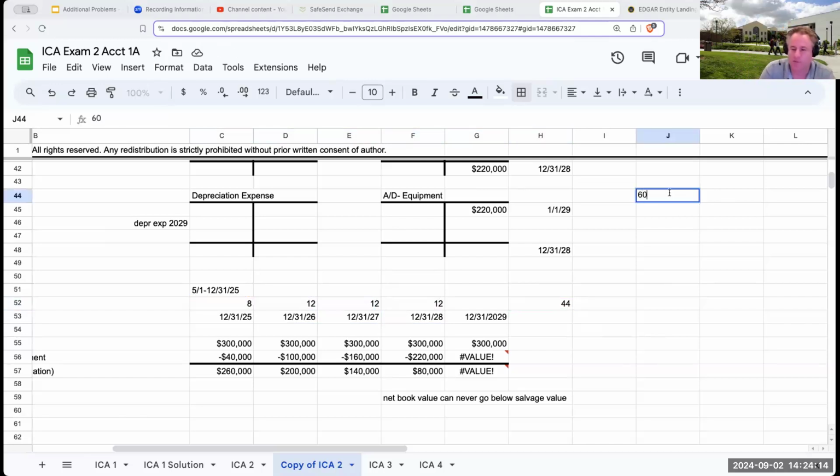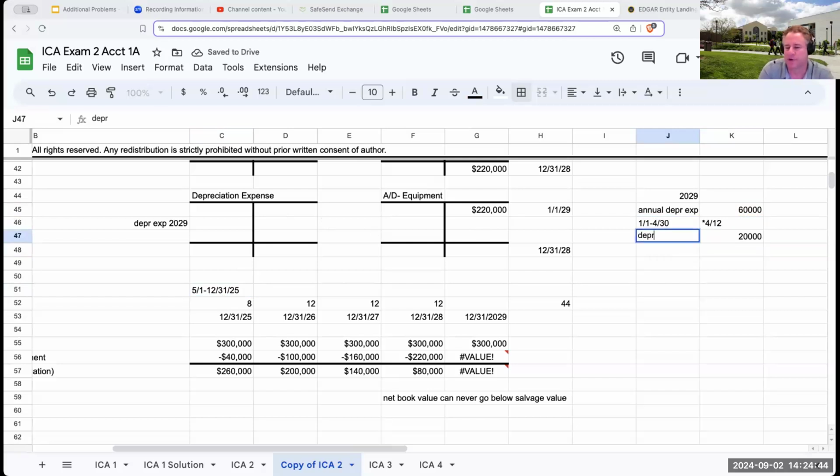So when it comes to 2029, where I've got 60,000 of annual depreciation expense, I can only take from January 1st through April 30th, right? Because if I started this on May 1st, to get to the end of those 4 years, I'm going to multiply this by 4/12.